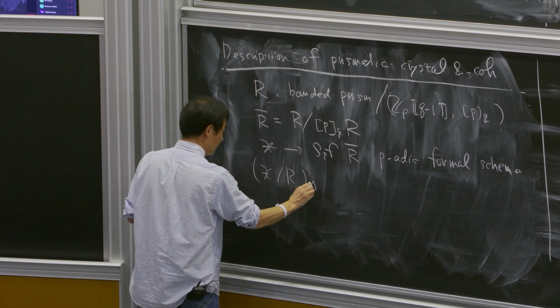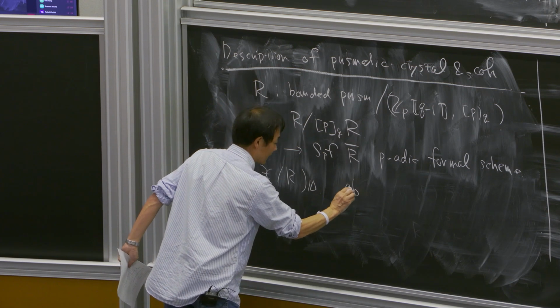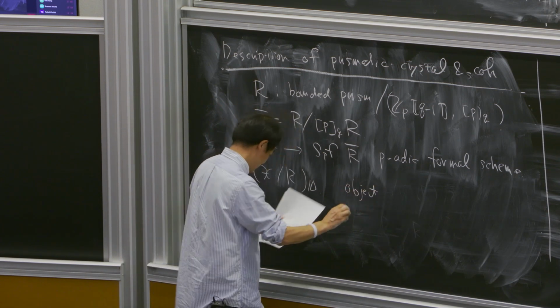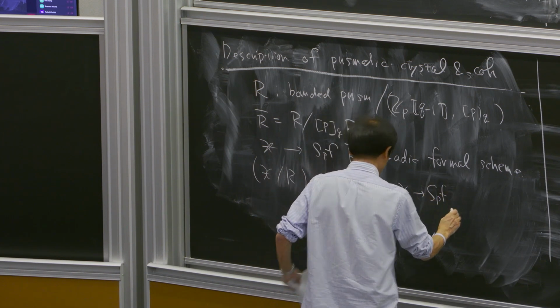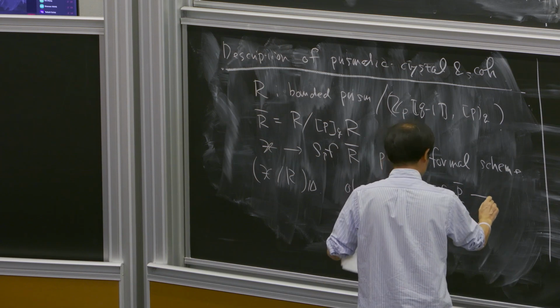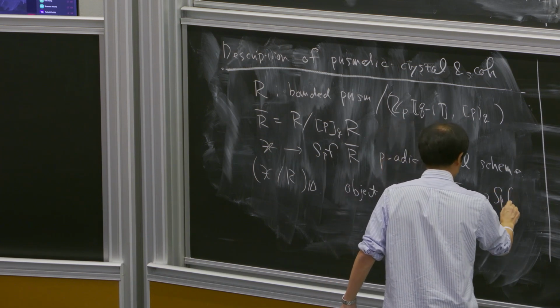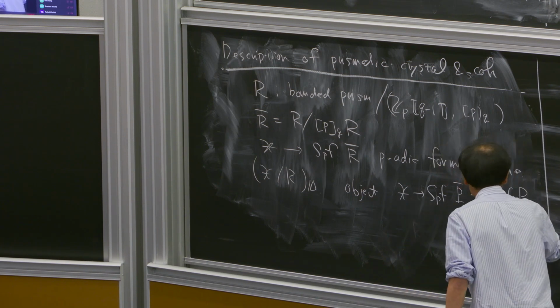And then the prismatic site looks like this. The object is a map, like, so just quite a rough review, but I'm sorry.